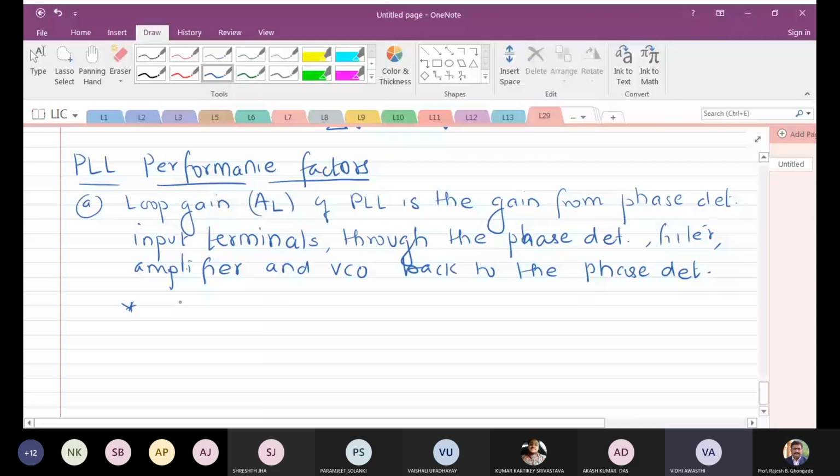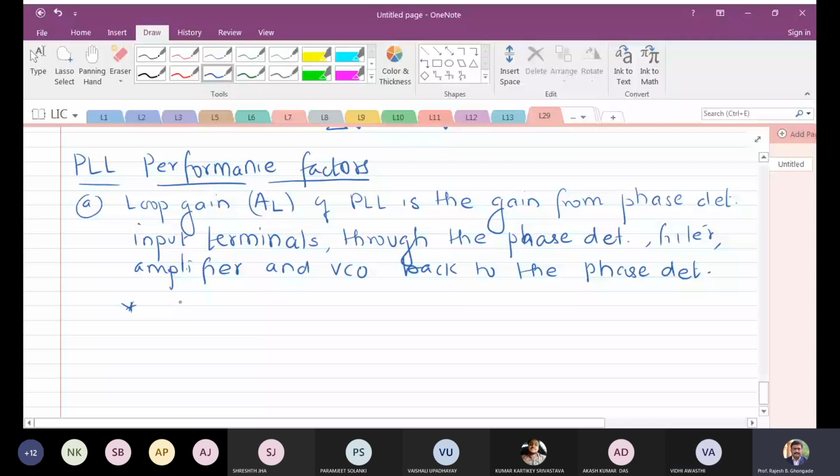Also, sir, the screen has frozen. I'll try to reshare the screen. Is the screen visible now? Yes, sir, it's visible.